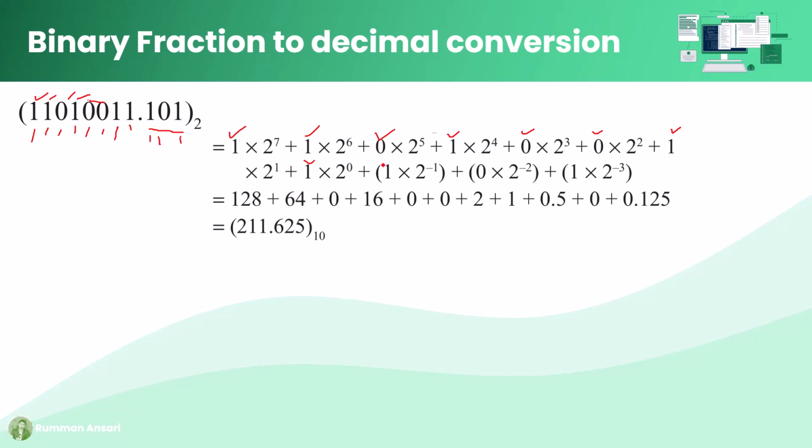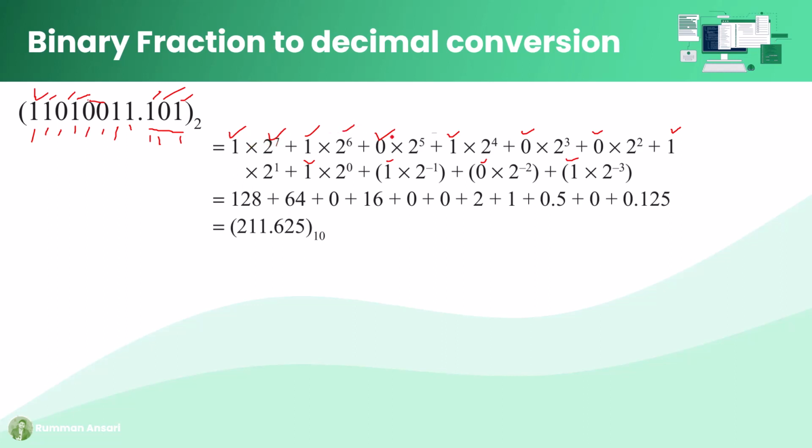This first one is at the 7th position, so the radix, the base of the number system we are using here, is 2 and the position is 7, so we multiply it by 2 to the power 7.